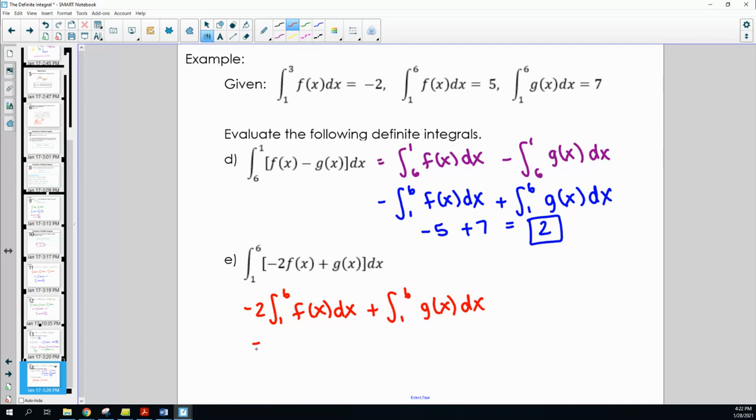So here I get negative 2 times the integral from 1 to 6 of f of x, which is 5, and then the integral from 1 to 6 of g of x, that's going to be 7. So I end up with negative 10 plus 7, which is negative 3.